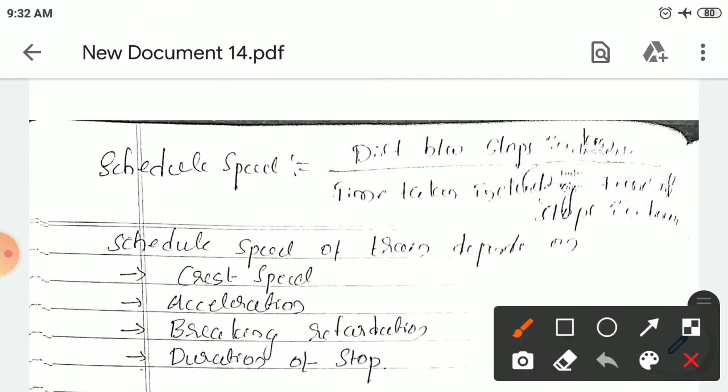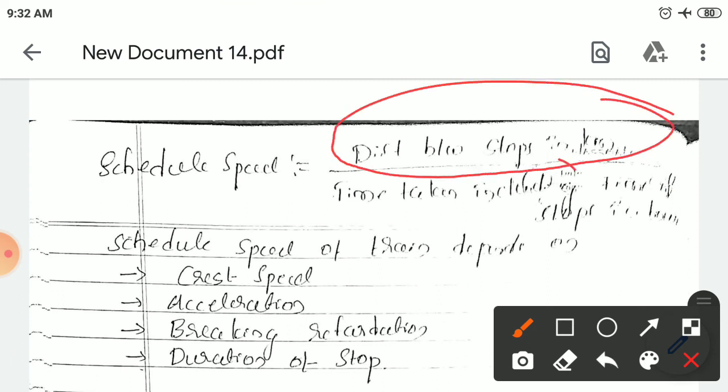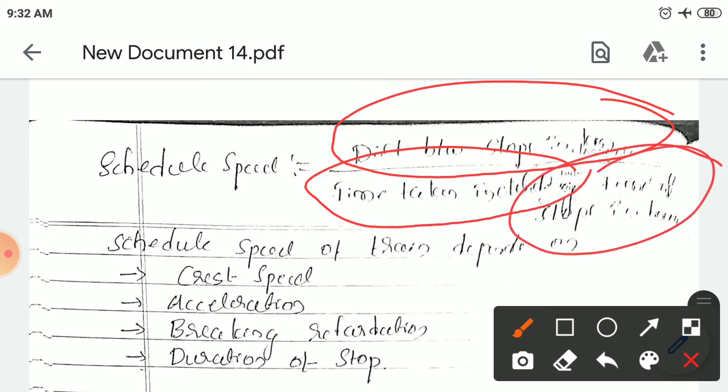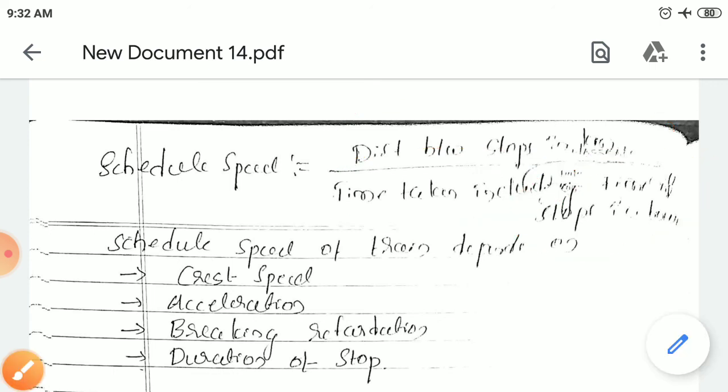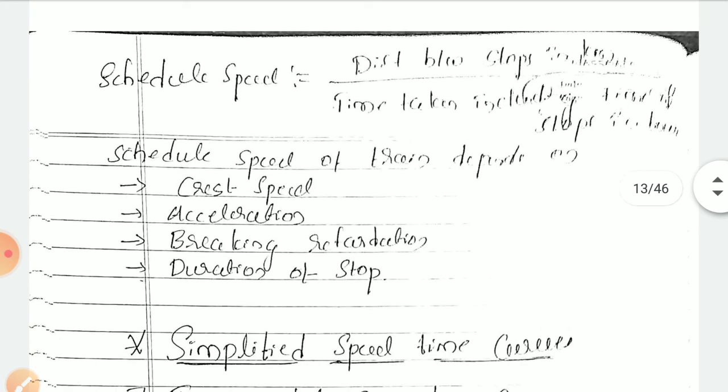That means we are stopping for a few minutes at each station. So the time taken to cover the entire distance including the time of stop gives the scheduled speed. The scheduled speed depends upon the crest speed, acceleration, braking retardation, duration of the stop, and many more things.